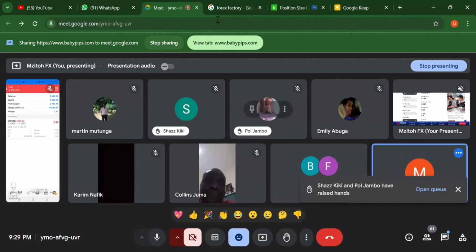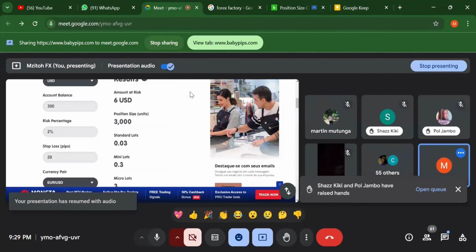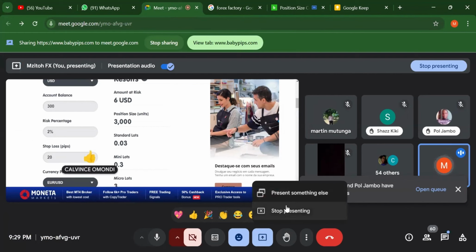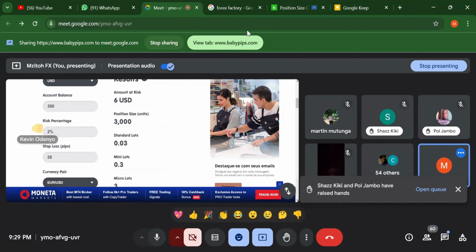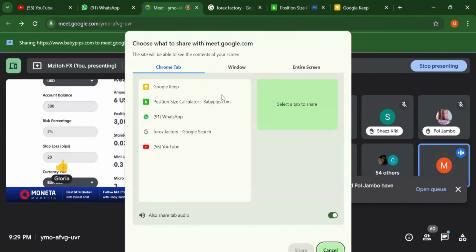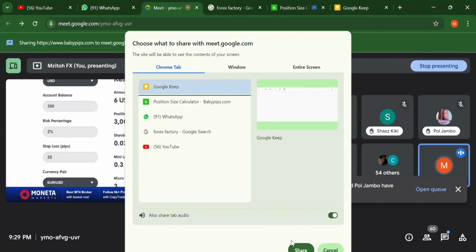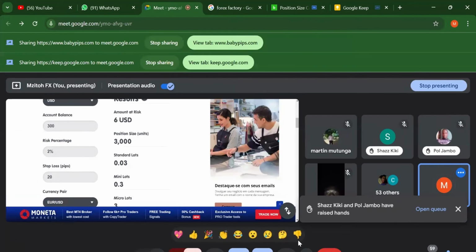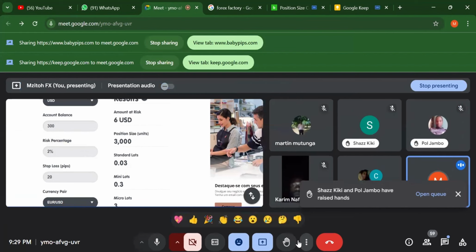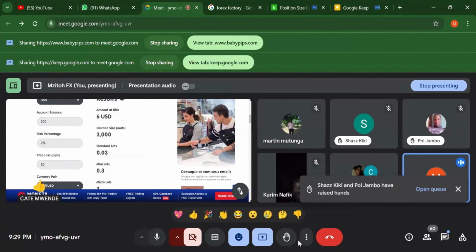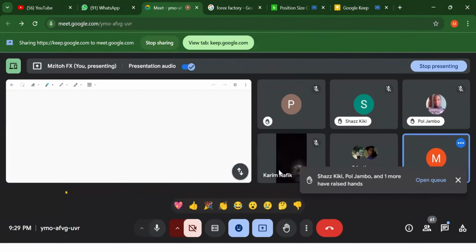You will confirm to me if you are seeing my whiteboard. No, you are not seeing the whiteboard. That is a position sizing calculator. No, you people are seeing something else. Now, is the whiteboard present? Yes, so we are now seeing the whiteboard.